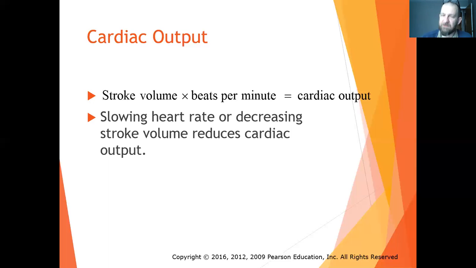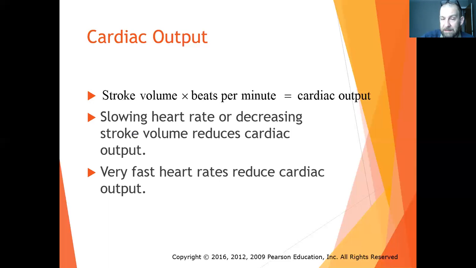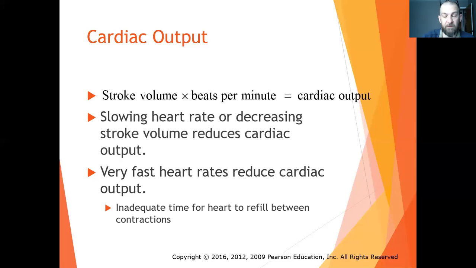Now, it's not just decreasing stroke volume or heart rate that can reduce cardiac output. If the heart is beating too quickly, there's a point of diminishing returns. If it starts to beat too fast, then it won't be able to fill up with blood as much as is normal before the heart beats.